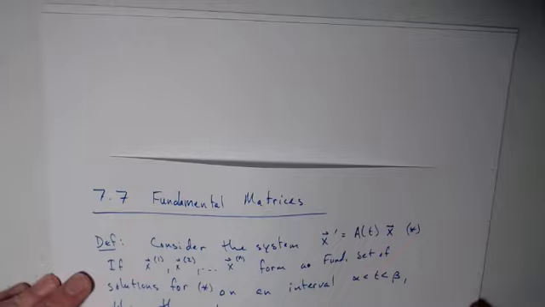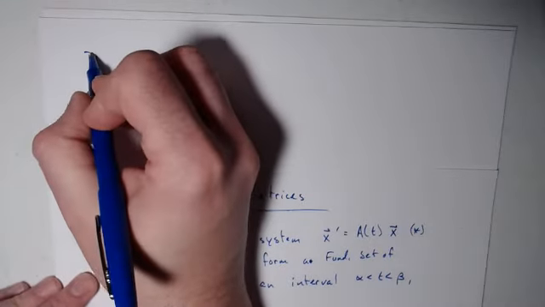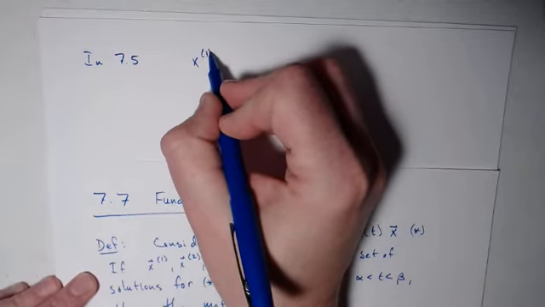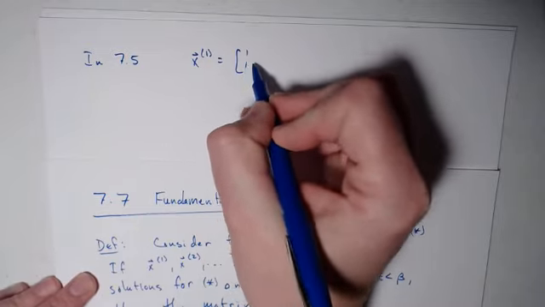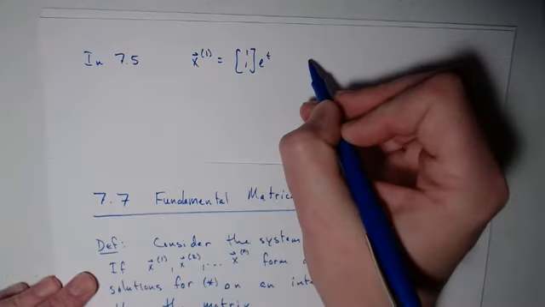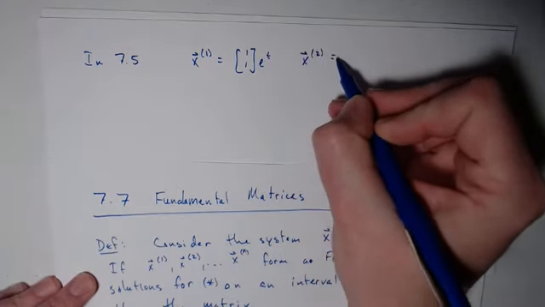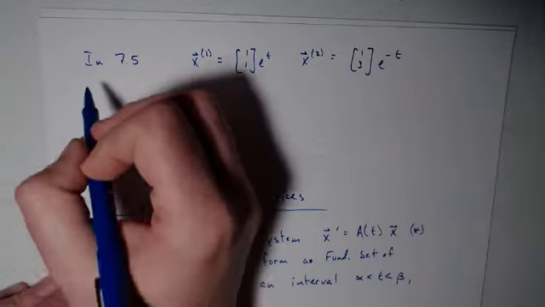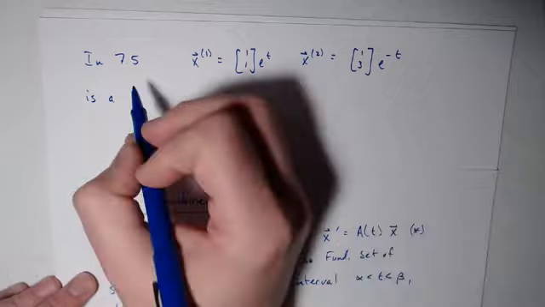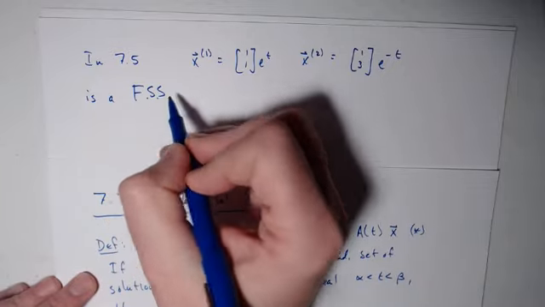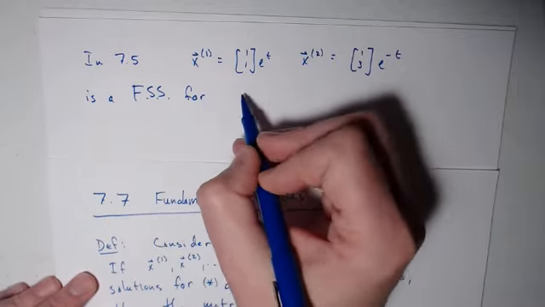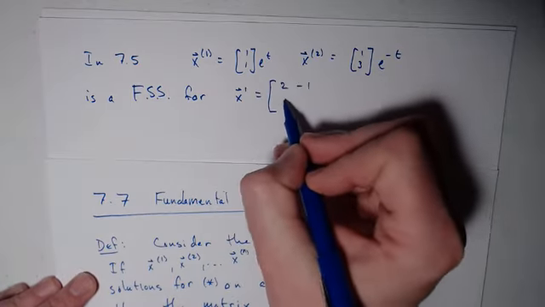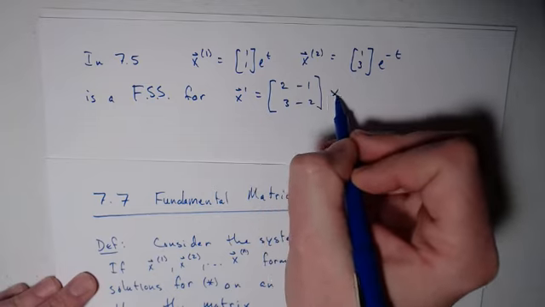Let's see. So in 7.5, we had x1 equals (1, 1) e to the t, and x2 equals (1, 3) e to the minus t, is a fundamental set of solutions for x prime equals the matrix (2, -1; 3, -2) x.